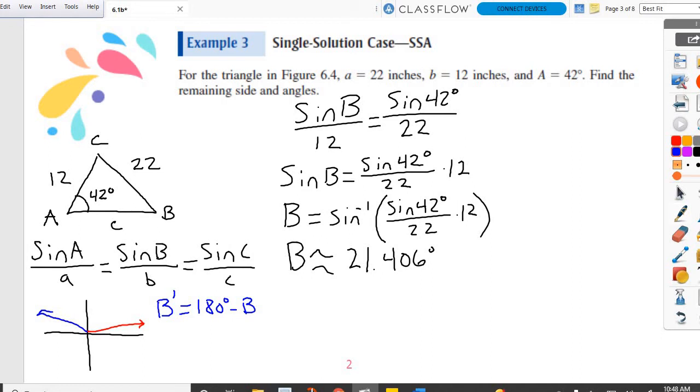So for us here, what would be B prime? I'm going to take 180 minus 21.406. What is it? 158 point what? Okay, so that would be my second option.